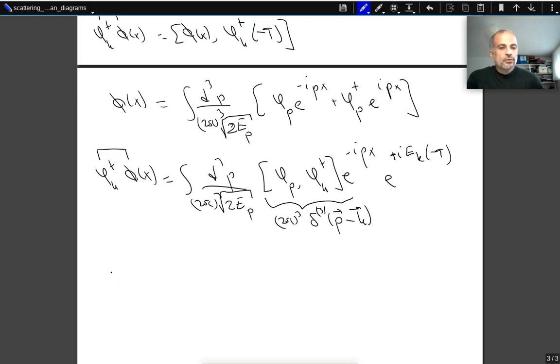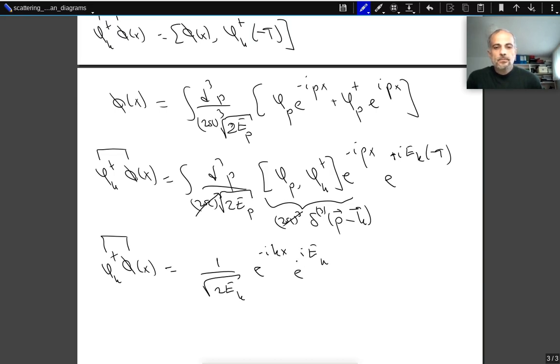So this contraction is actually equal to, this 2 pi cubed cancels this 2 pi cubed, 1 over square root of 2 E_k, e to the power minus i k x, e to the power i E_k times T.